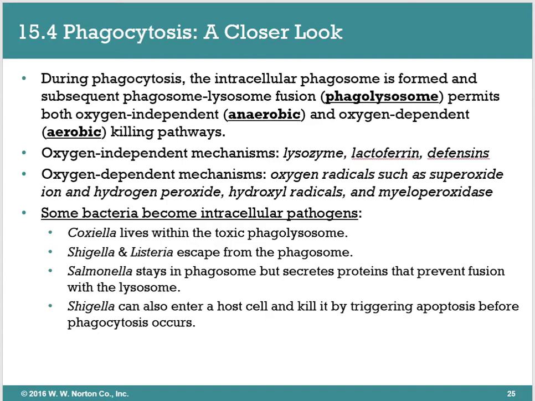But whether it's an oxygen independent or dependent pathway will determine what kind of enzymes are made. In oxygen independent, you'll make more lysozymes and defensins, whereas oxygen dependent, you'll make more superoxides, hydrogen peroxide, as well as radicals. So that's really the only difference. But still, the whole goal of phagocytosis is to degrade and form a phagolysosome.